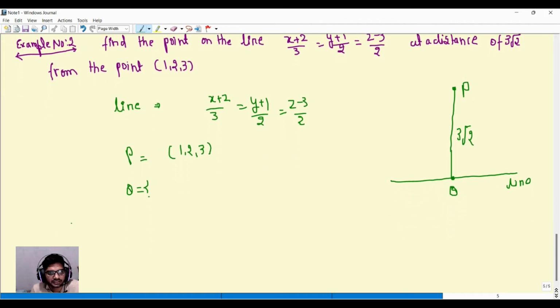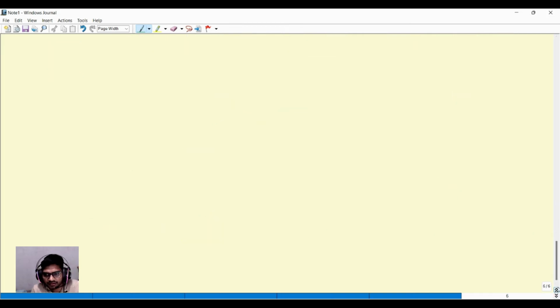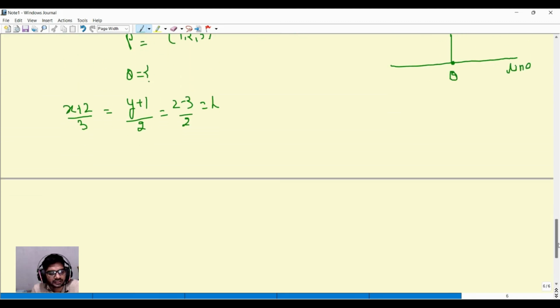Start with the equation of the line and put it equal to lambda: (x + 2)/3 = (y + 1)/2 = (z - 3)/2 = lambda. From this we are going to extract the values of x, y and z. (x + 2)/3 = lambda gives x = 3 lambda - 2.